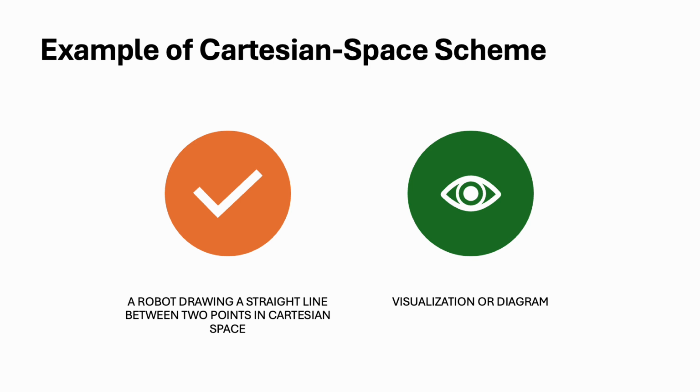A robot drawing a straight line between 2 points in Cartesian space is an example. A visualization or diagram, like a three-dimensional pictorial representation, can be considered as one of the examples.